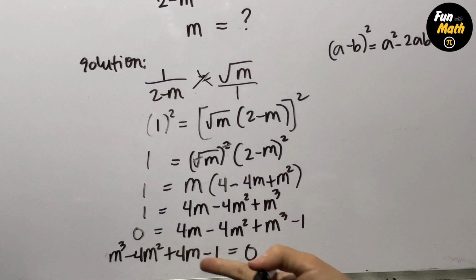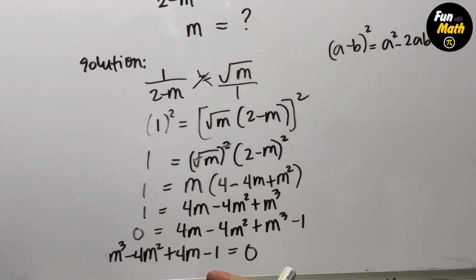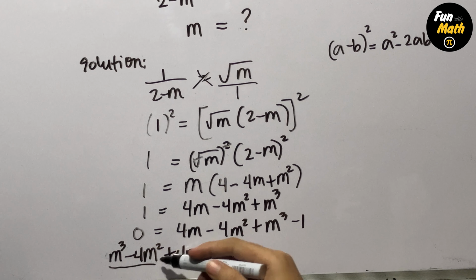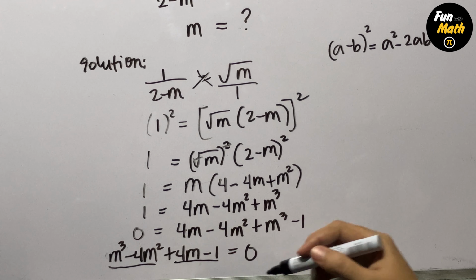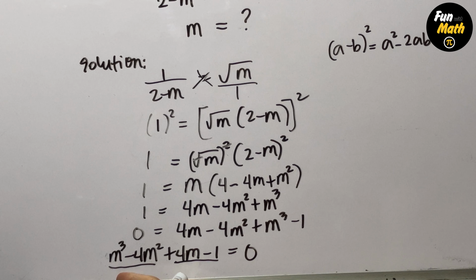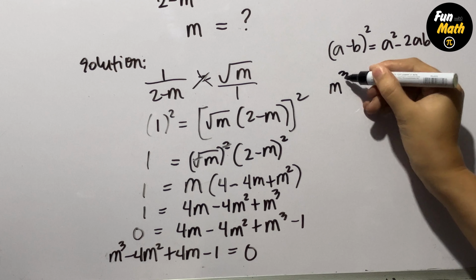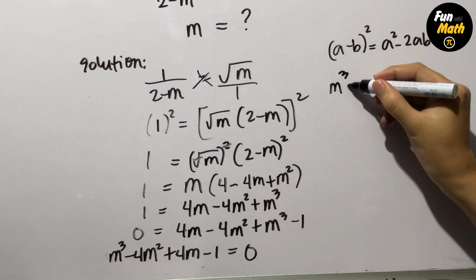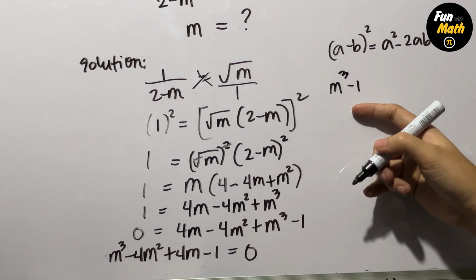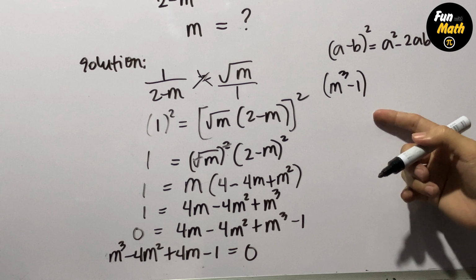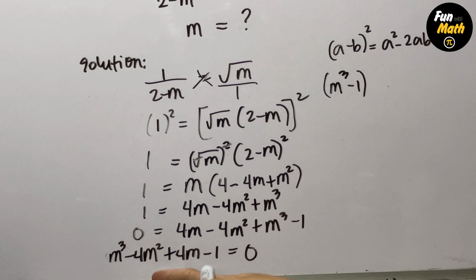Next, we can group this and then factor. So first group and then the second group. We can arrange this again by grouping. So m cubed, pair it with negative 1, or minus 1, times, and for this, negative 4m squared plus 4m, let's take out the negative.